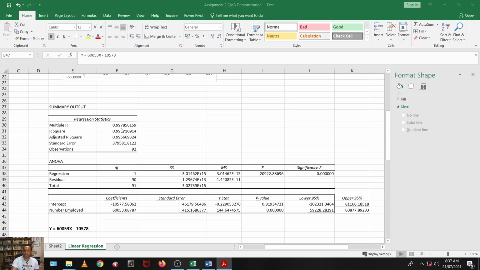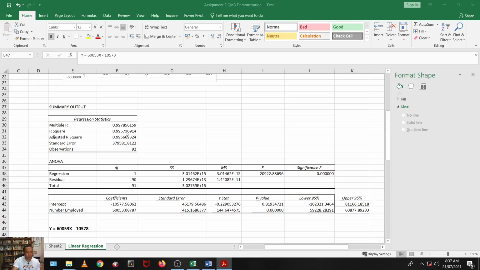The coefficient of determination determines how much of the data in your study can be explained by this regression model. So 0.996 means that 99.6% of the data observed can be explained by this regression model.